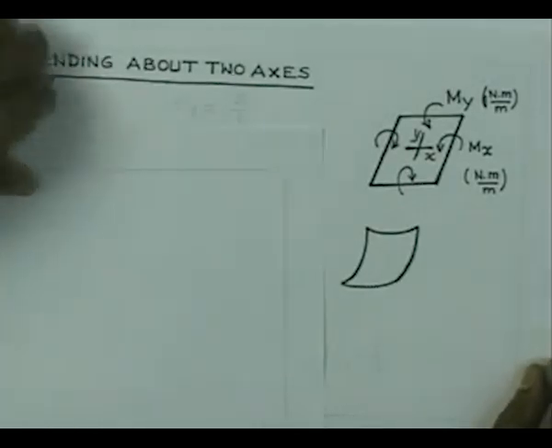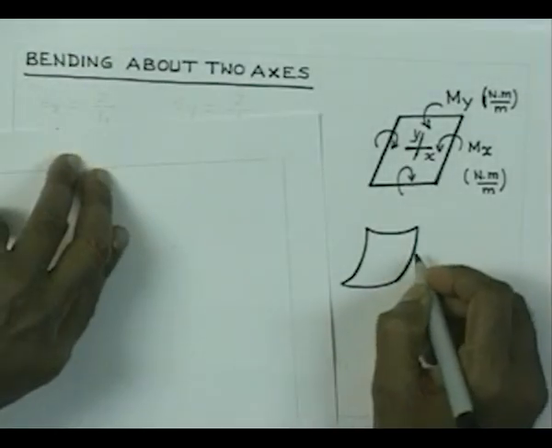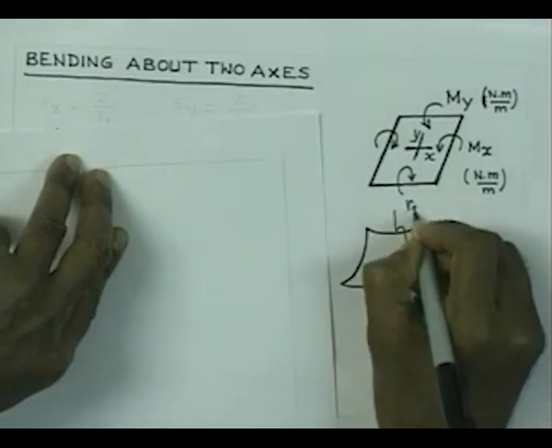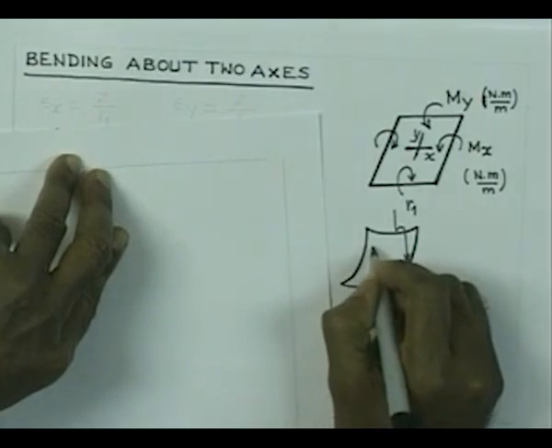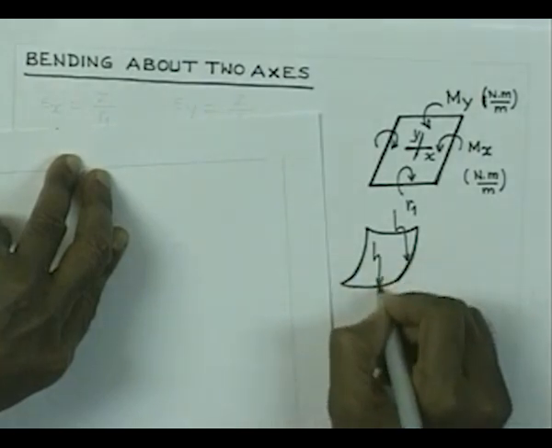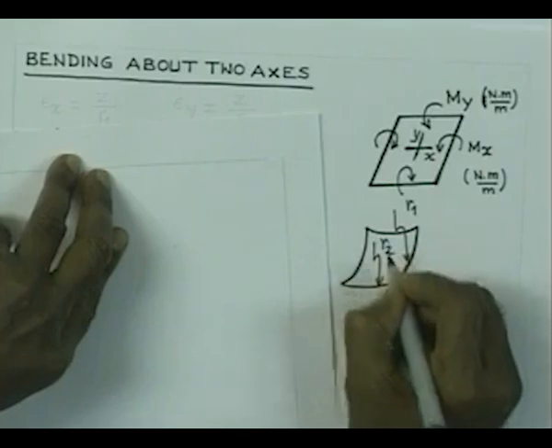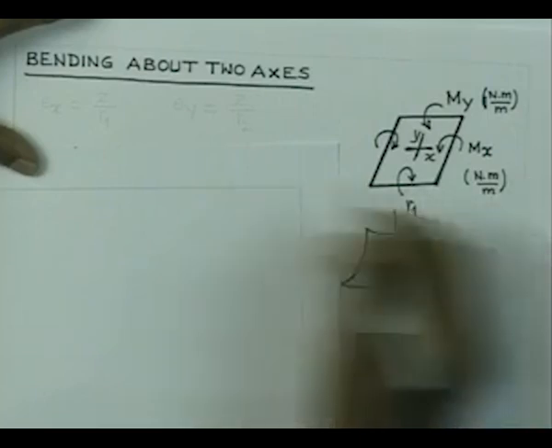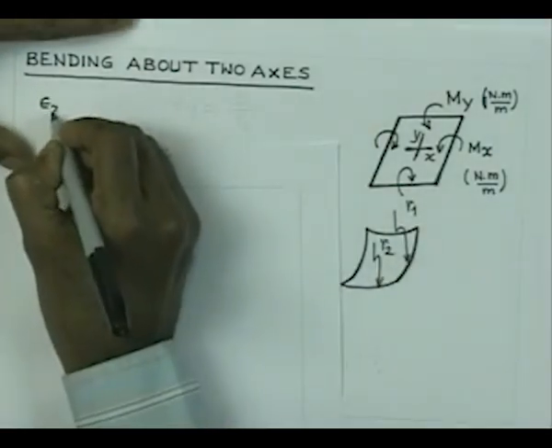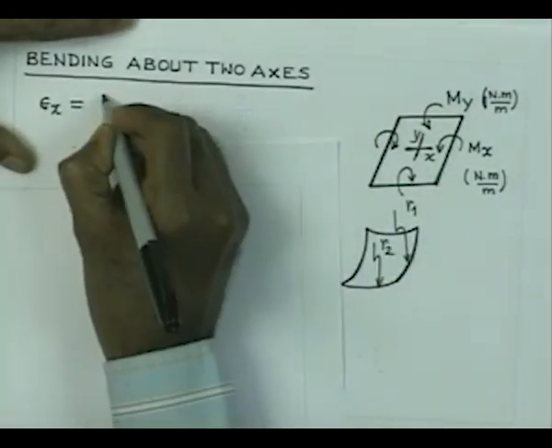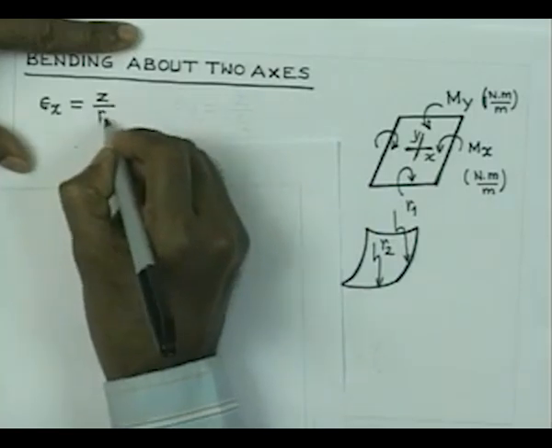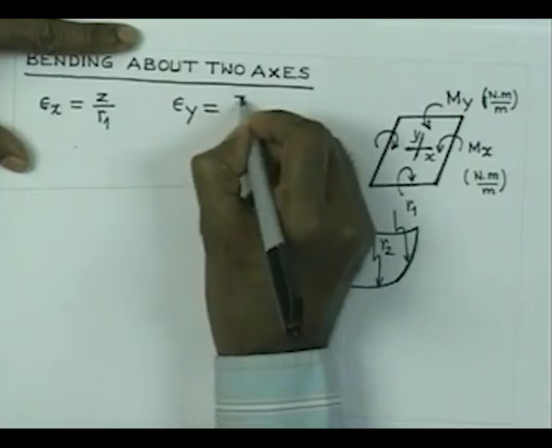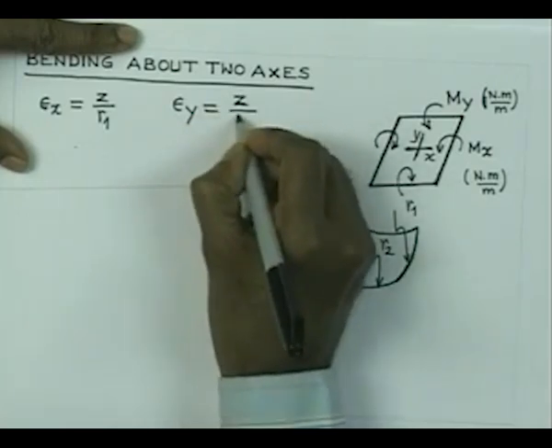Similarly, My we apply in that direction, which again has unit Newton meter per meter. So, we can now write, if the curvature due to M1 is R1, and the curvature that we get in this direction is R2, then we can write the strain in the x direction epsilon x is equal to z by R1, and similarly epsilon y is nothing but z by R2.